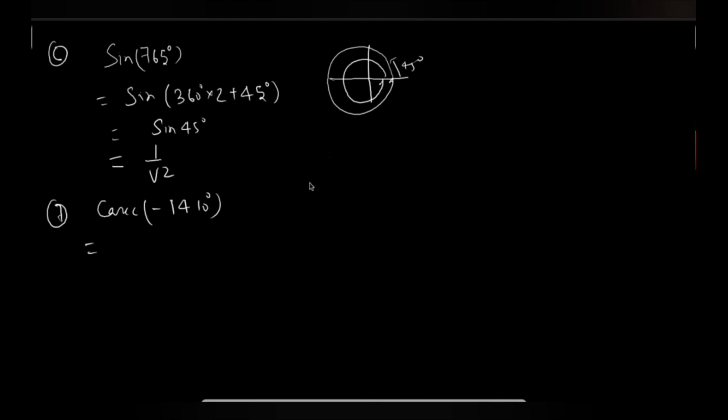First, let's add something near to this. For example, 360 degrees into 2 would be 720 degrees, and 720 multiplied by 2 would be 1440 degrees, right?